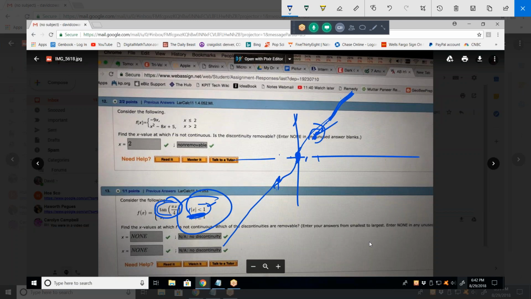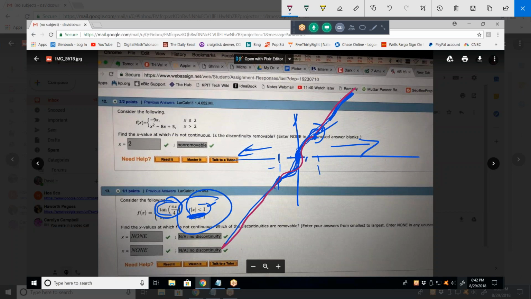If I label that -1 and this 1, it's going to look something like that. There's no discontinuities there. Whenever it's greater than 1, which means everywhere to there and everywhere to there, it's a straight line. So you do end up with this picture that I drew, which is that, that, and that.